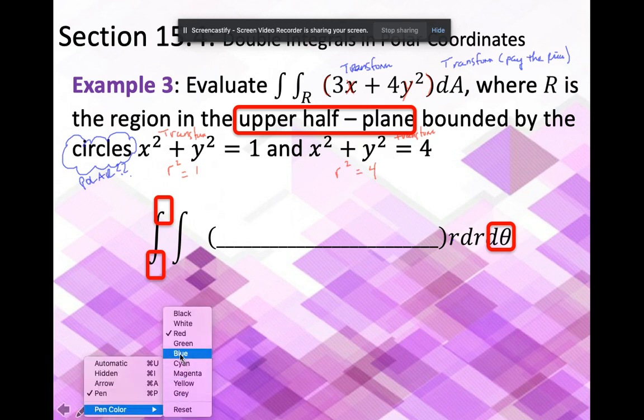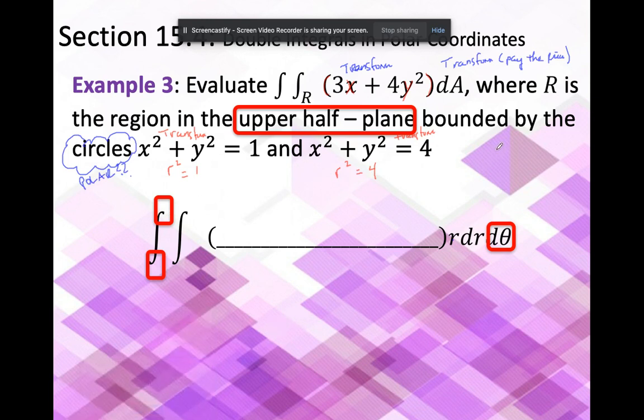So what does that mean? Let's draw a little picture first. So upper half plane, so that's in quadrants 1 and 2, bounded by the circles where I have a radius of 1 and I have a radius of 2.